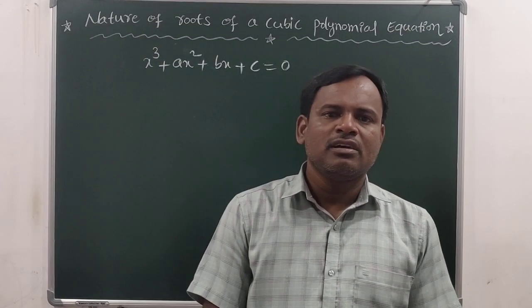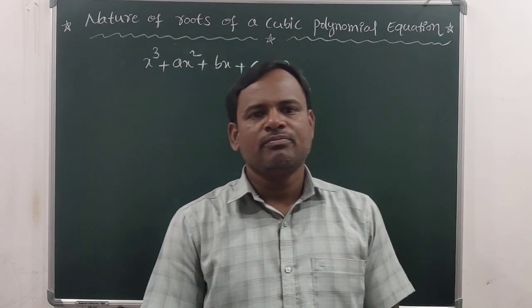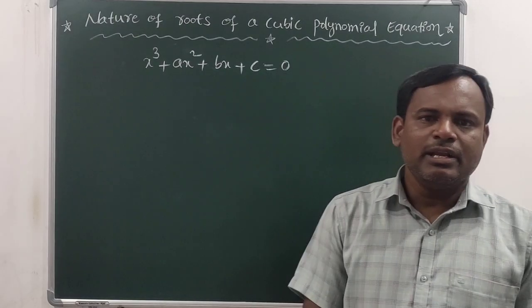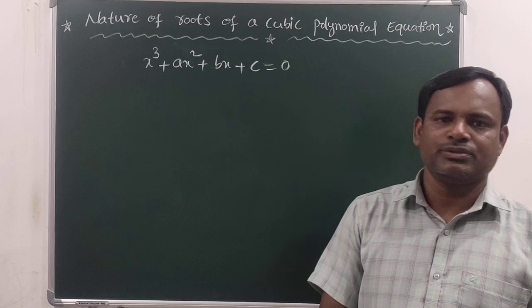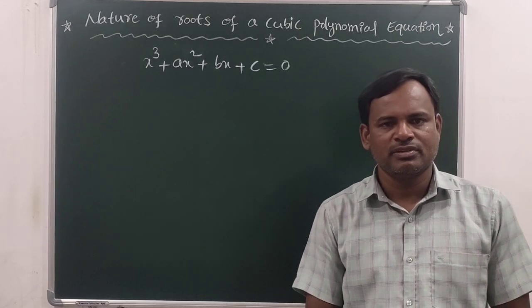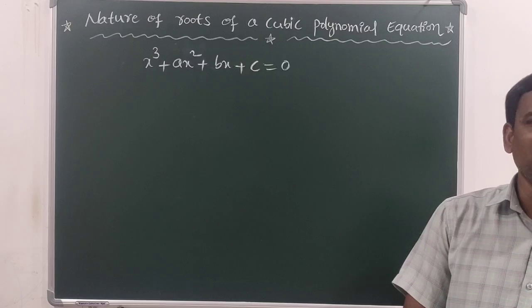And you know, students, as per the fundamental theorem of algebra, an nth degree polynomial equation will get n roots. You know this. The roots may be real or complex.